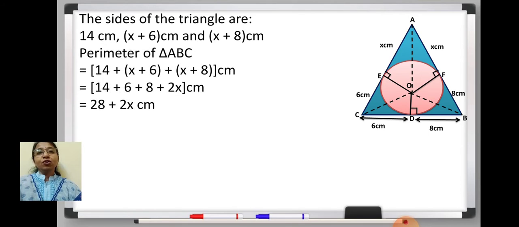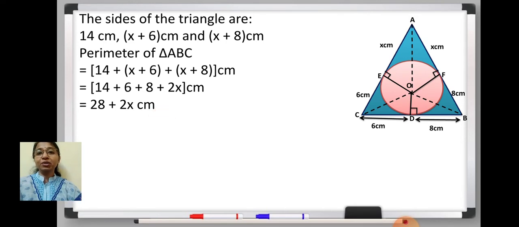So perimeter is the sum of all three lengths. So add all three values here: 14 plus x plus 6 plus x plus 8 centimeter. Now collect all the numbers together, and the variables x plus x is 2x. The addition of 14 plus 6 plus 8 is 28, plus 2x, which is 28 plus 2x centimeter.